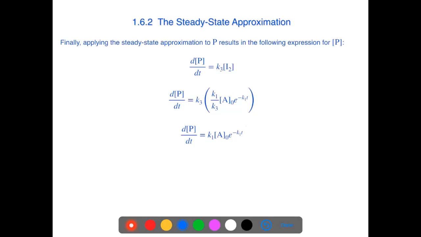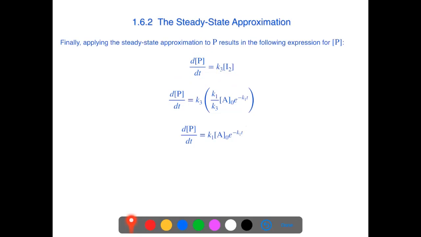So now we can take this information, and what we're after is to be able to evaluate the product concentration through time, or as the reaction proceeds. And so the change in the product concentration with time, we saw that that was equal to K3 times I2.